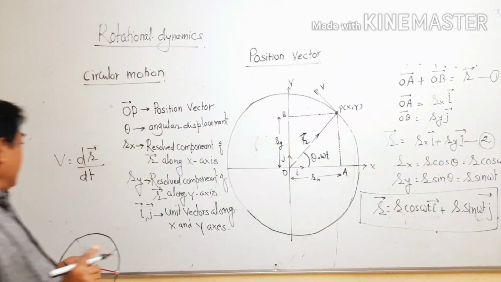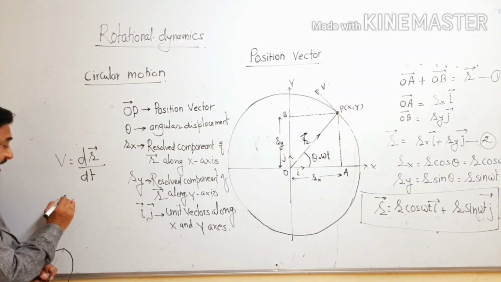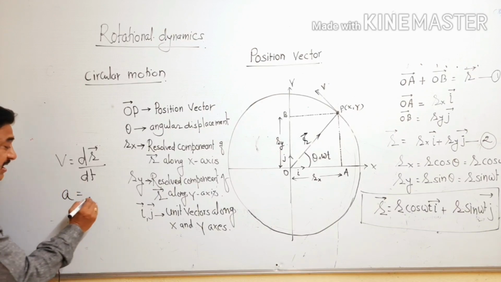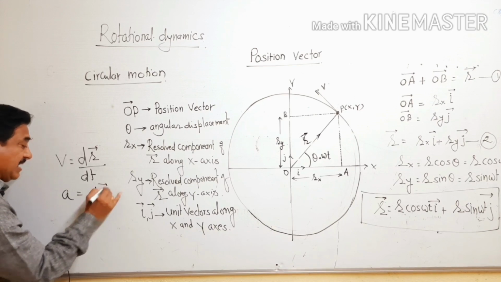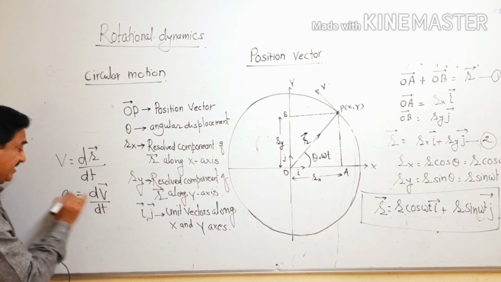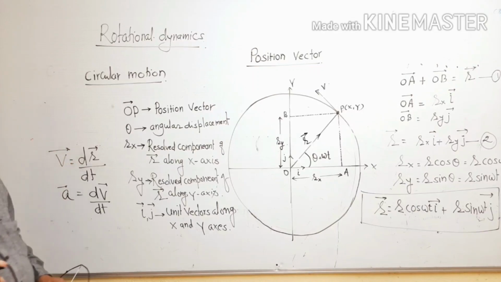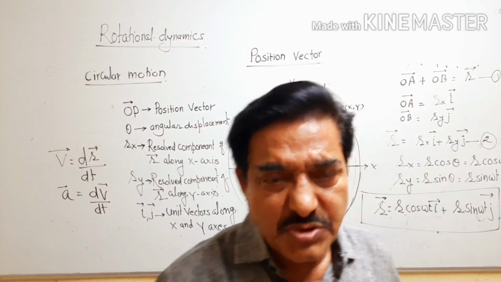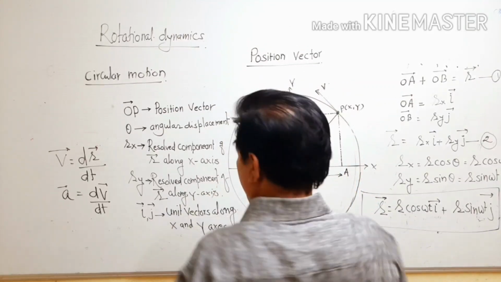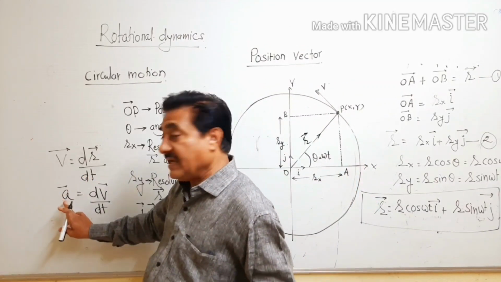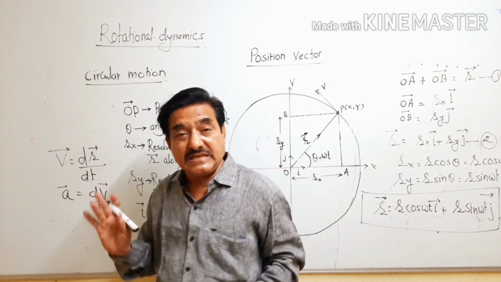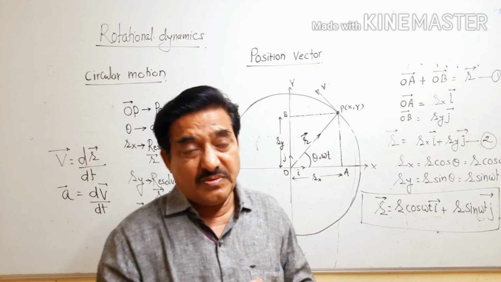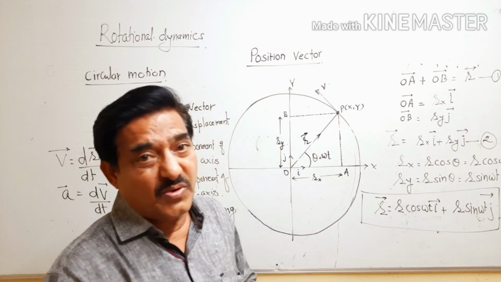Again, if you would like to find the linear acceleration in circular motion, it is given by a is equal to dv by dt. So from the position vector we can calculate velocity and linear acceleration in circular motion. This is the importance of position vector. Position vector is a very important term.